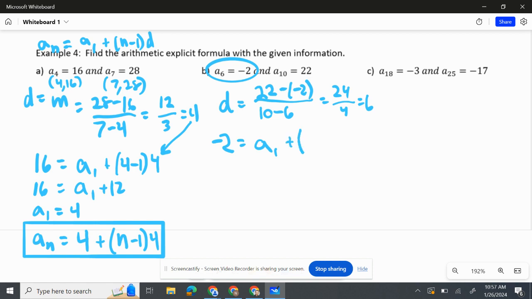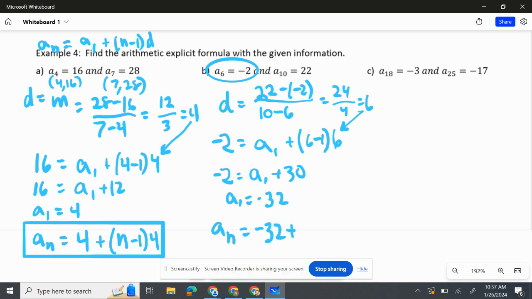I'm plugging in 6 minus 1, and then my common difference is 6. So that right there gives me 30. So I have negative 2 equals a sub 1 plus 30. So that means a sub 1 equals negative 32. So my final formula is a sub n equals negative 32 plus n minus 1 times 6.